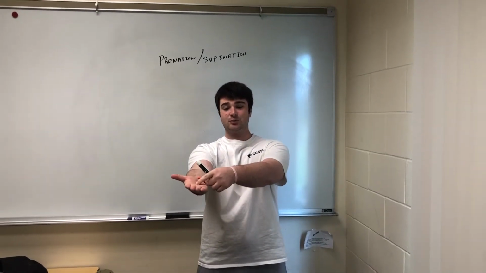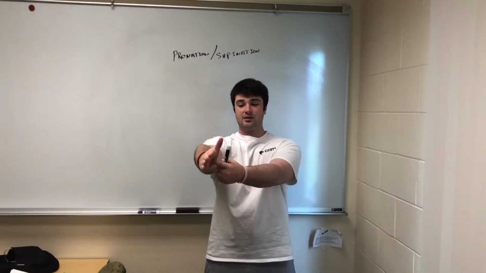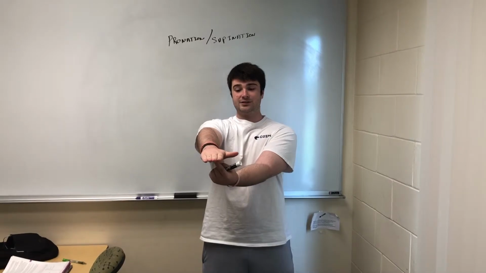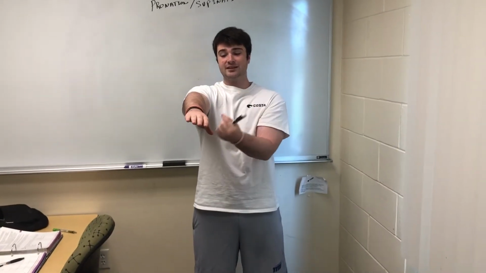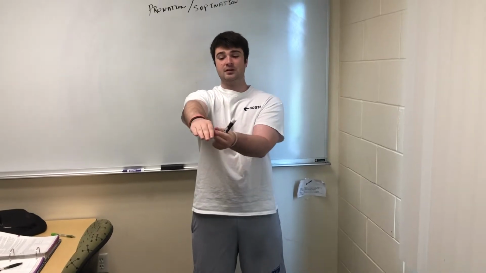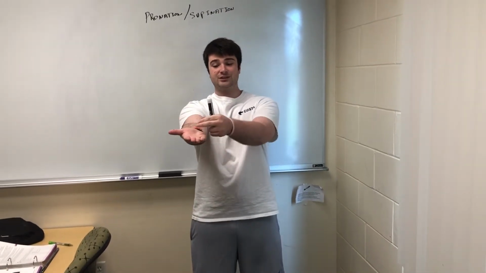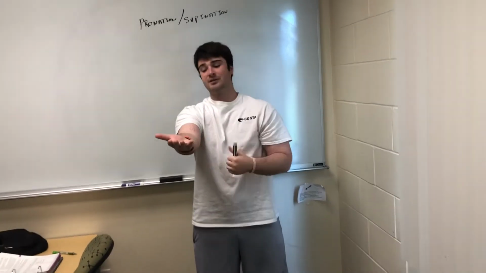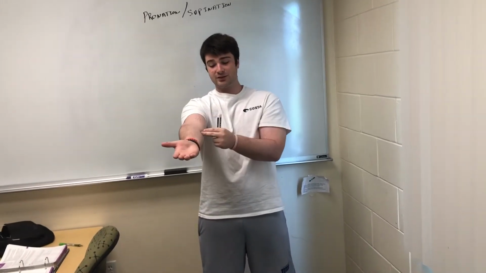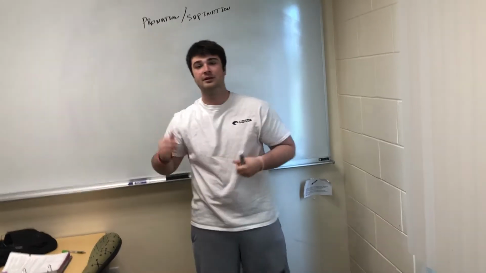Palm of the hand is the point where you want to concentrate on. Pronating is when you have your palm of your hand facing down. This is when the radius is completely over the ulna. The next one is supination, when you have your palm of your hand facing upwards. The radius and ulna are completely parallel.